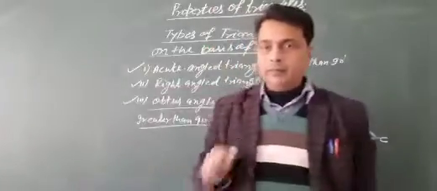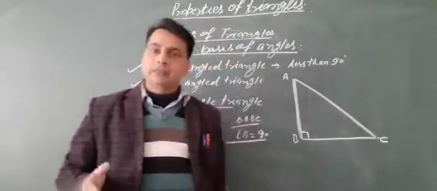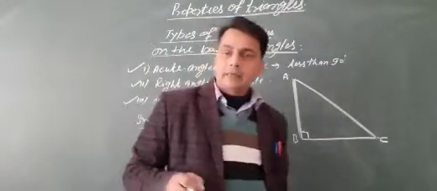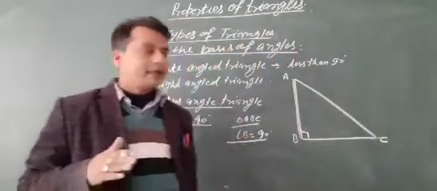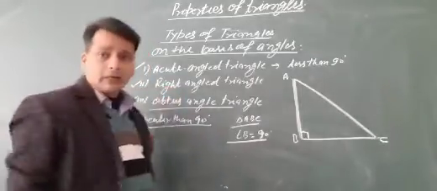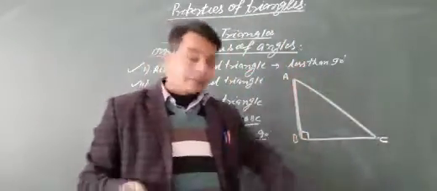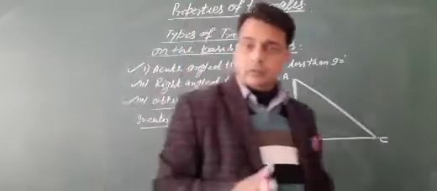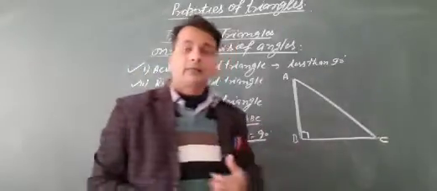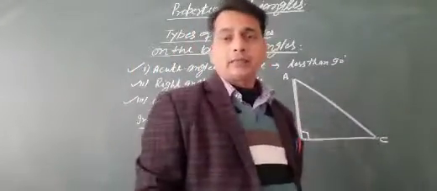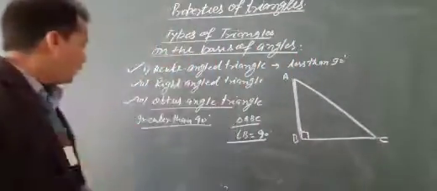An acute angle triangle means each angle is less than 90 degrees. In a right angle triangle, one angle is 90 degrees. And the third type is the obtuse angle triangle, in which one angle is greater than 90 degrees.